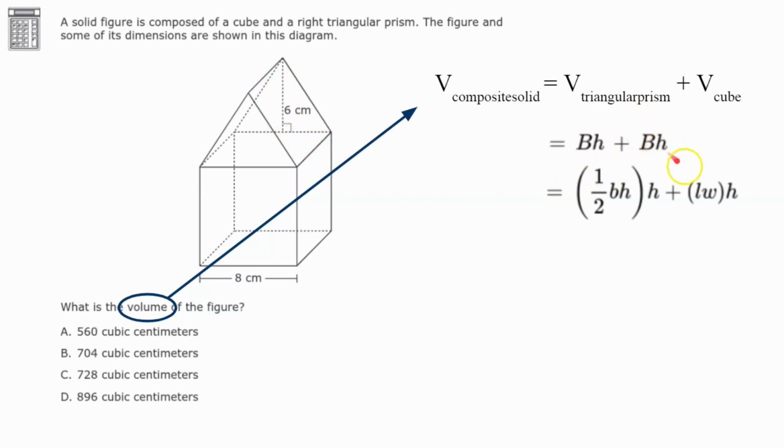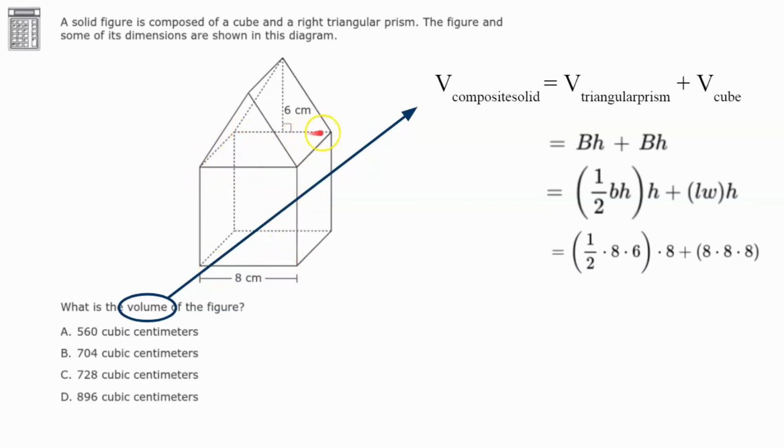And then our cube is length times width times height, which is all going to be 8 because in a cube, all dimensions are the same. So now I need to go identify my base and my height of my triangle. Remember, base and height must be perpendicular to each other. So I have a height of 6 and a base of 8 because all the dimensions of a cube are the same.